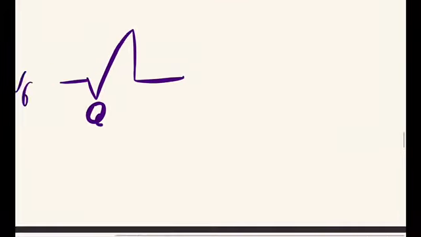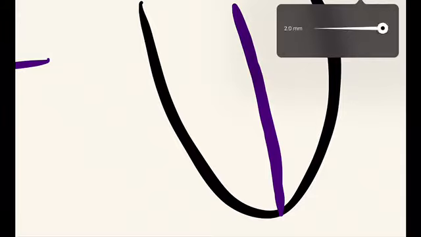Okay, if I draw a diagram of the heart here, and here is the septum, here is the septal part. Okay, and the depolarization wave in this septum is going from left to right side.